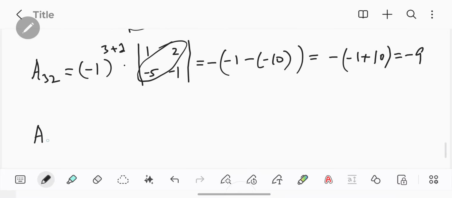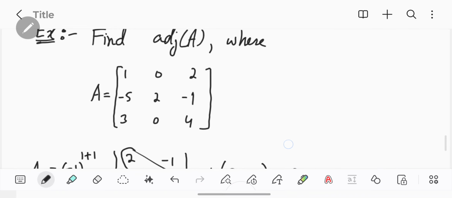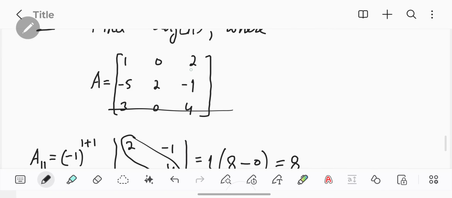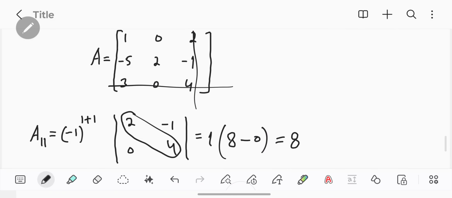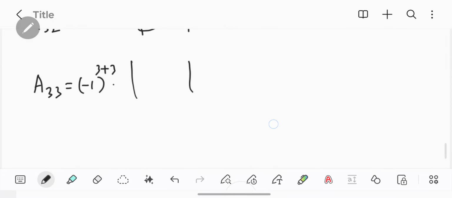The last cofactor is A33, which is just minus 1 to the power 3 plus 3 times the determinant of the submatrix, which is obtained by deleting the last row and the last column, which is just 1, 0, minus 5, 2.